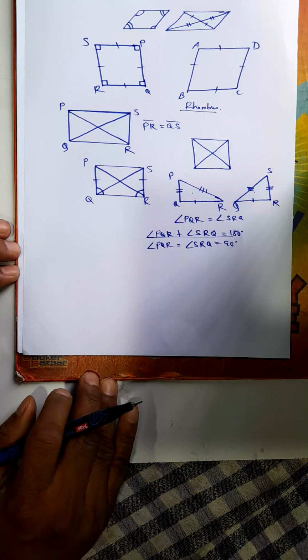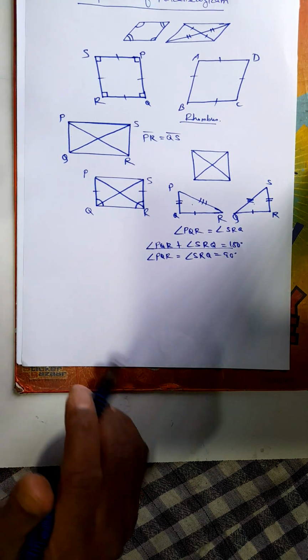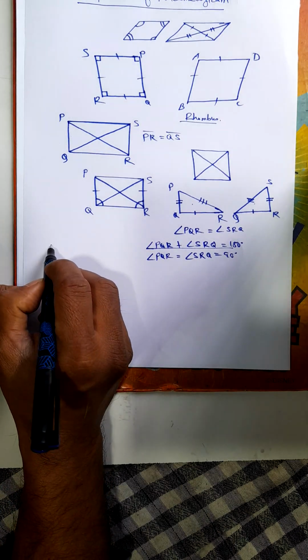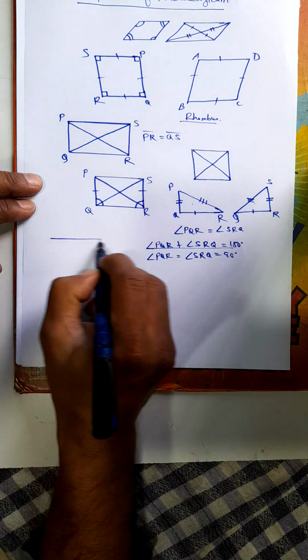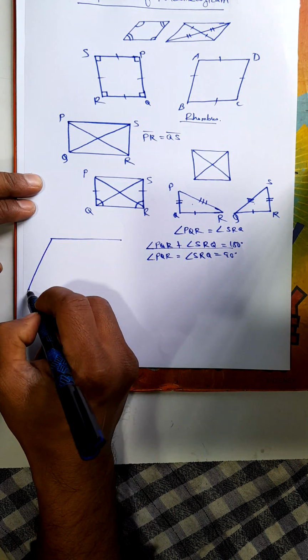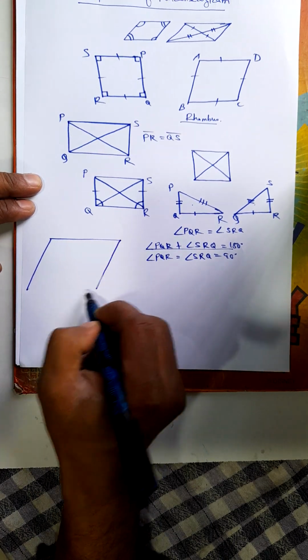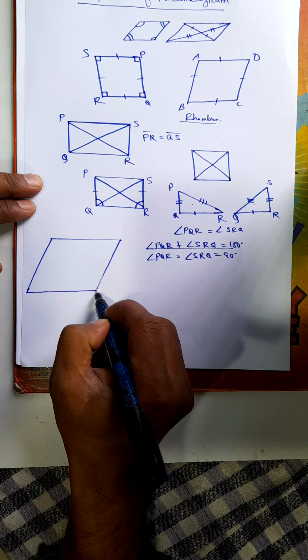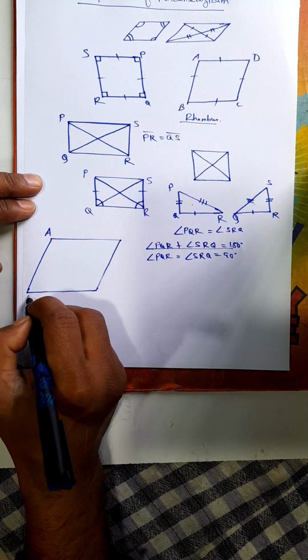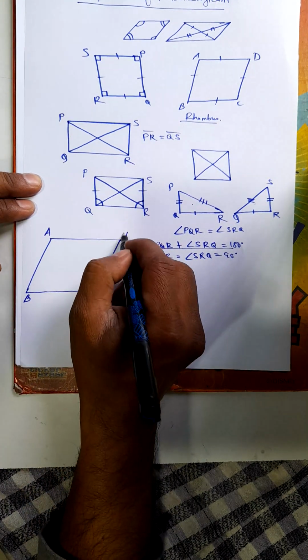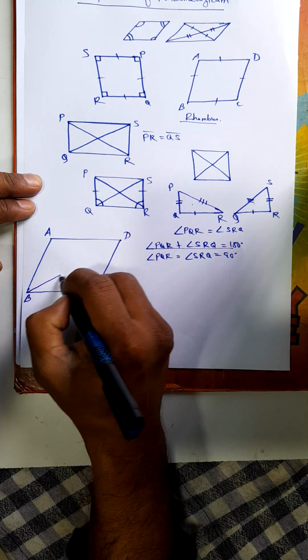Now we'll discuss one more important property of a rhombus here. Say this is a rhombus ABCD. Now let us join the diagonals here.